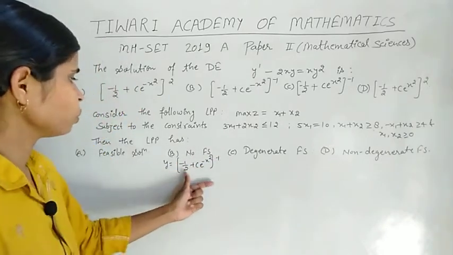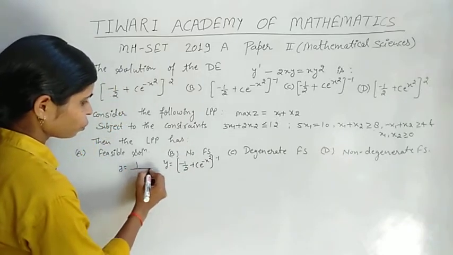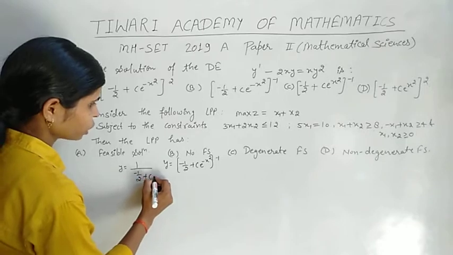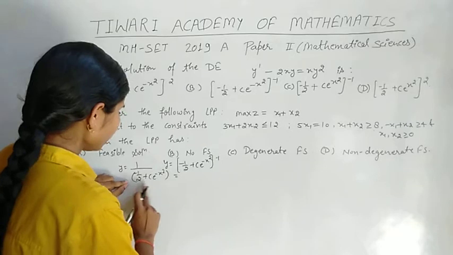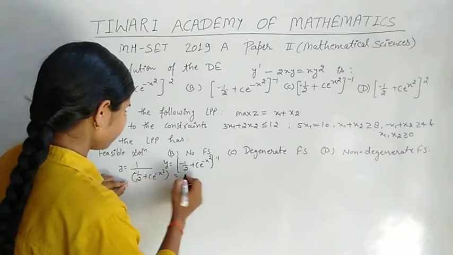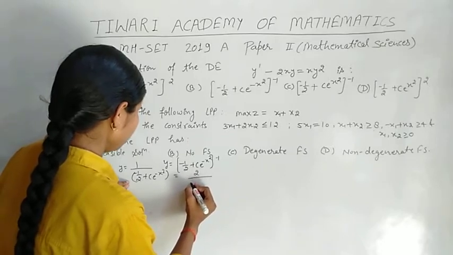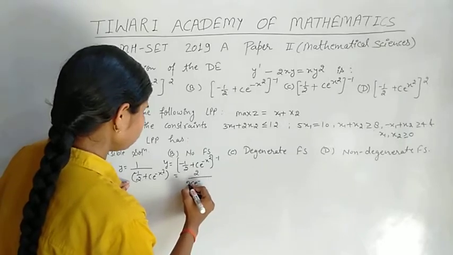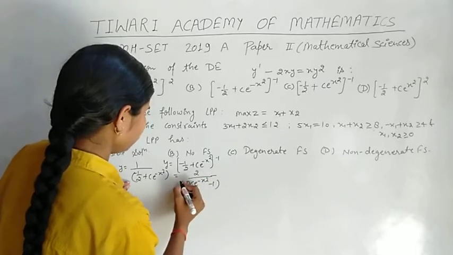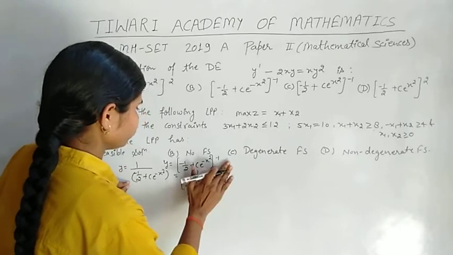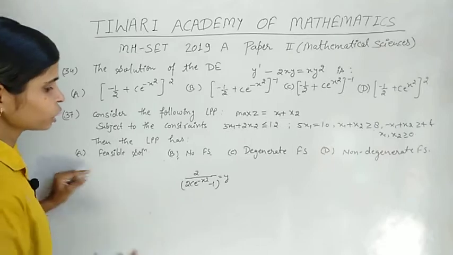First of all, we solve this. y is equal to 1 upon (-1/2 + c e^(-x²)). Taking the LCM, 2c e^(-x²) - 1, this is equal to y.